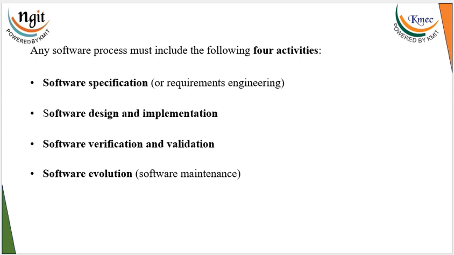Architectural design is where you design the diagrams related to the software design. Testing can be of any type, either unit testing or integration testing and so on. These are some of the sub-activities related to your software process.